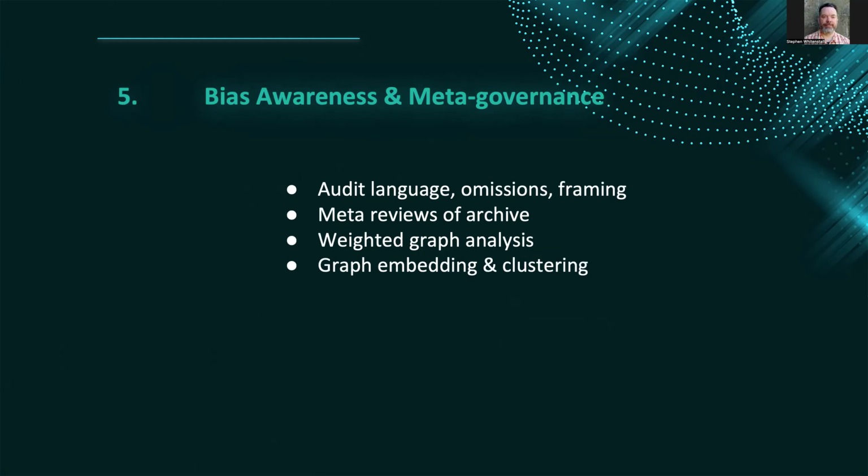And graph embedding and clustering using tools like Node2Vec or DeepWalk to identify latent bias communities, to use embeddings to find semantically similar content groups dominated by one demographic or viewpoint.